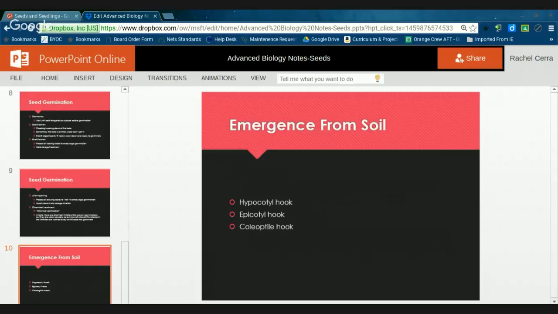Your epicotyl hook tends to be with peas. So you've got your little pea there, and then the radicle comes out. And then you eventually get your epicotyl growing upwards.